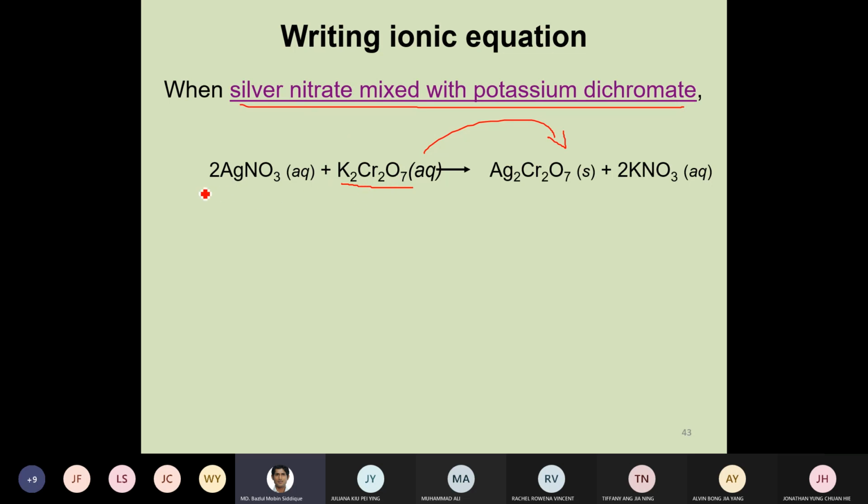So what happens is, when these two are reacting together, silver chromate is produced. From the physical state of that product, we understand this is a solid, a precipitate. This is a precipitation occurring.